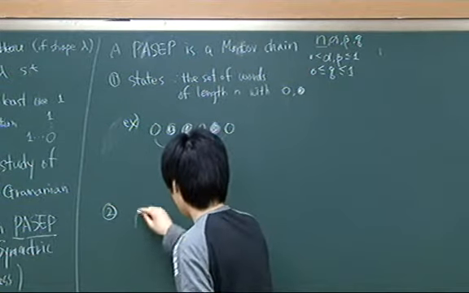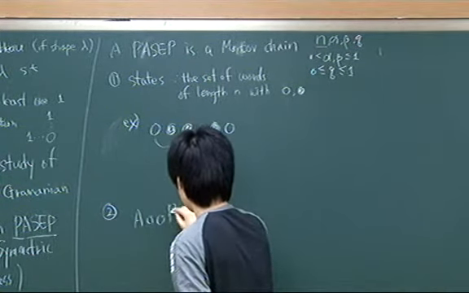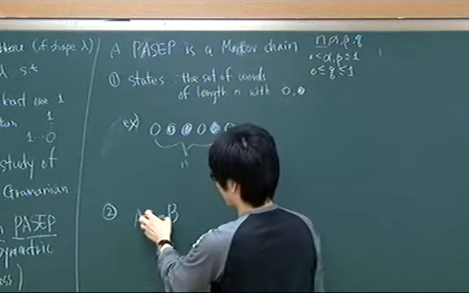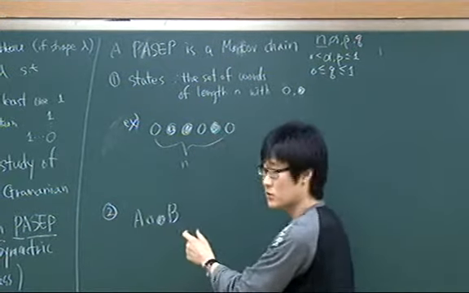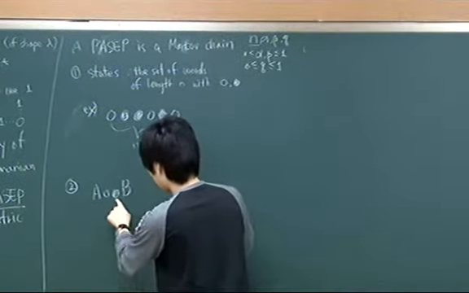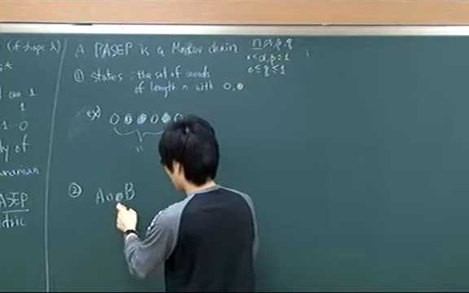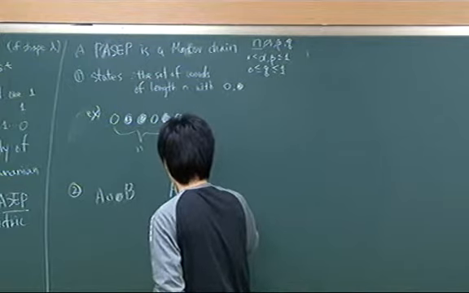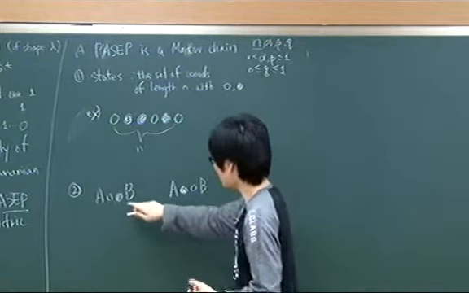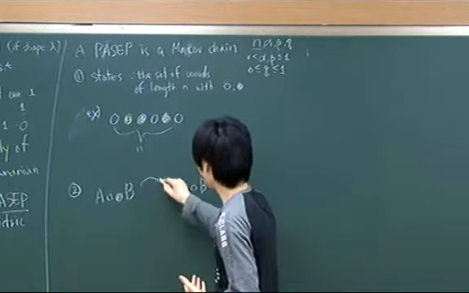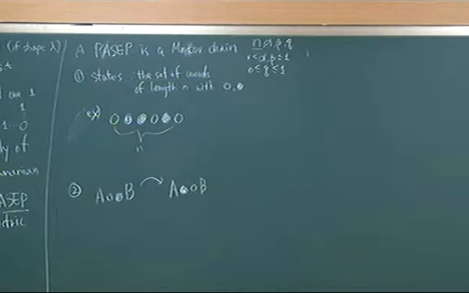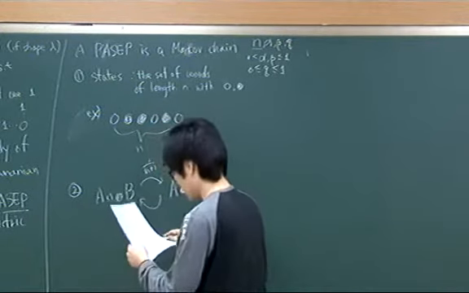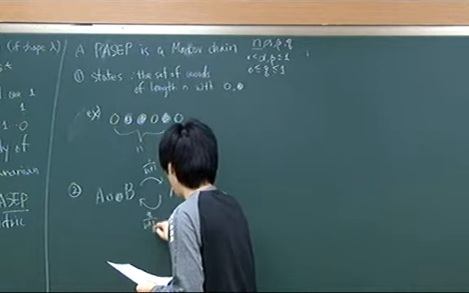If we have this word, we only focus on these two letters, and this particle may hop to the right. This state can be changed to this state with probability 1 over n plus 1, and this may change to this with q over n plus 1.